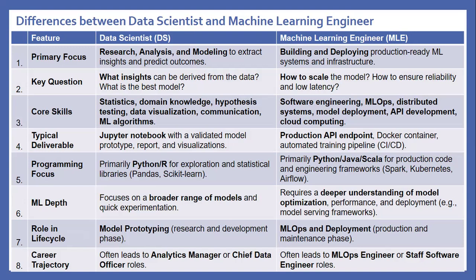Data scientist: model prototyping, research and development phase. Machine learning engineer: MLOps and deployment, production and maintenance phase. Career trajectory. Data scientist often leads to analytics manager or chief data officer. Machine learning engineer often leads to MLOps engineer or staff software engineer.